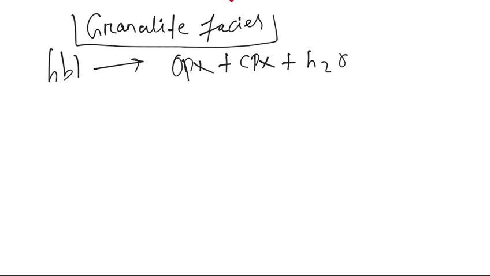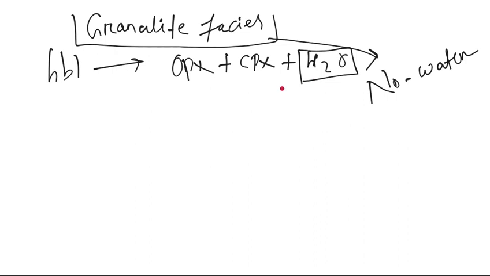Why? Because this is the first facies in regional metamorphism which has no water. Why? Here water is forming, right? But no water in the granulite facies. Why?